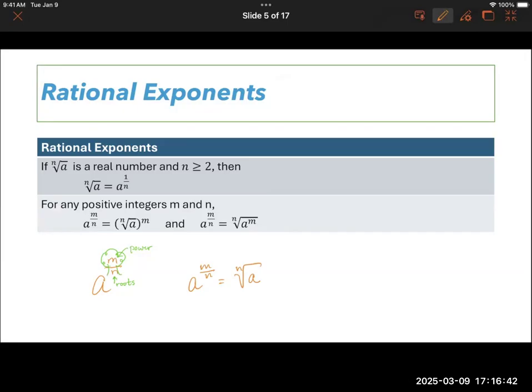The m then is a power. And you can either put the power after you've taken the root, which is what this part says, or you can take the power before you take the root, which is what this part says. Either one is fine. They're both equivalent. So it just depends on the situation as to which one maybe seems easier.